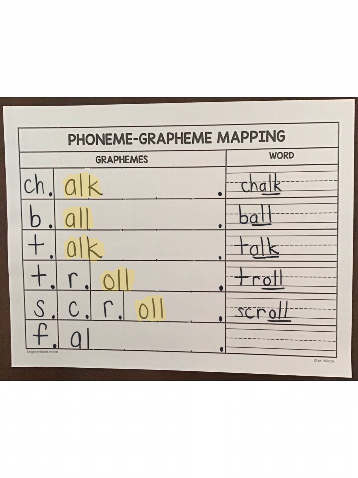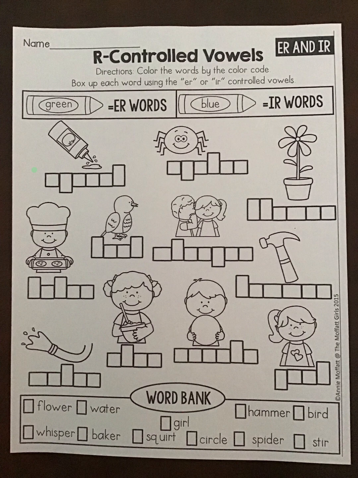A-L-L says all, fall. Please write fall on the side. And remember to underline that phonogram, all. Please write your name at the top of the paper.